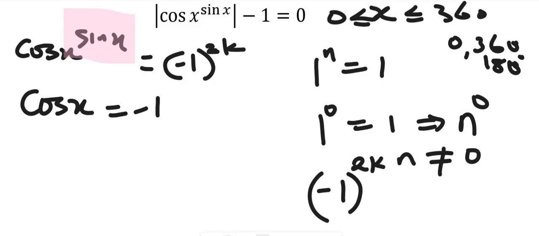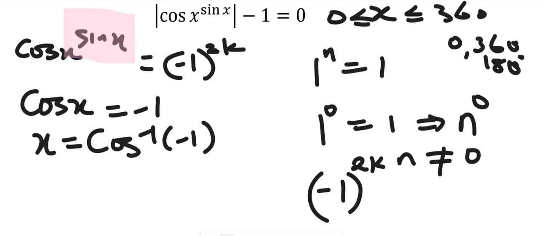So let me go for cos x. Cos x is equal to minus 1. X is equal to cos inverse of minus 1, which gives us 180.